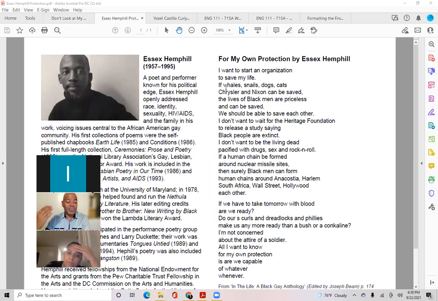And then later on the next president gave him a pardon, right? He got saved. He didn't have to go to jail. So he's saying if all these conditions could be created to save animals, corporations and criminals, certainly Black men can be saved as well. They are just as important, right? And just as worthy of saving.